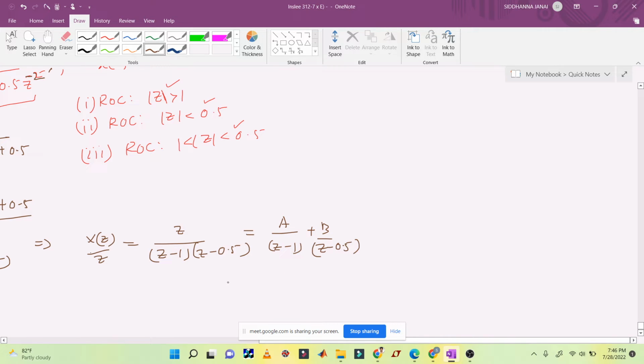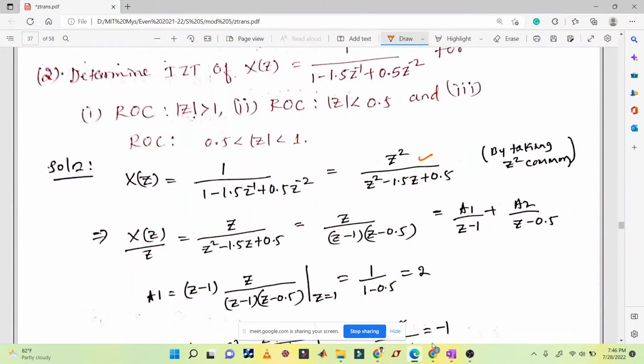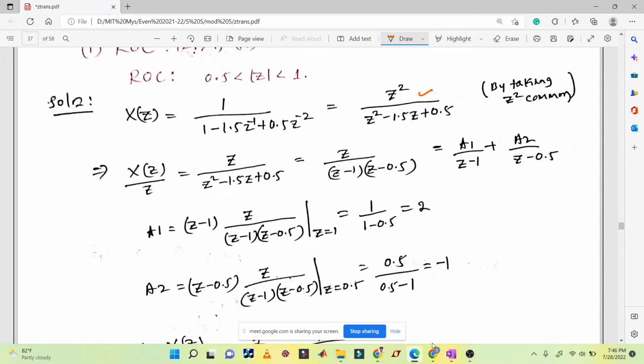Okay, so with partial fractions we will get the values of a and b. So let us go to that step. I am assuming that you have understood partial fractions. So instead of a and b I am using here a1 and a2.